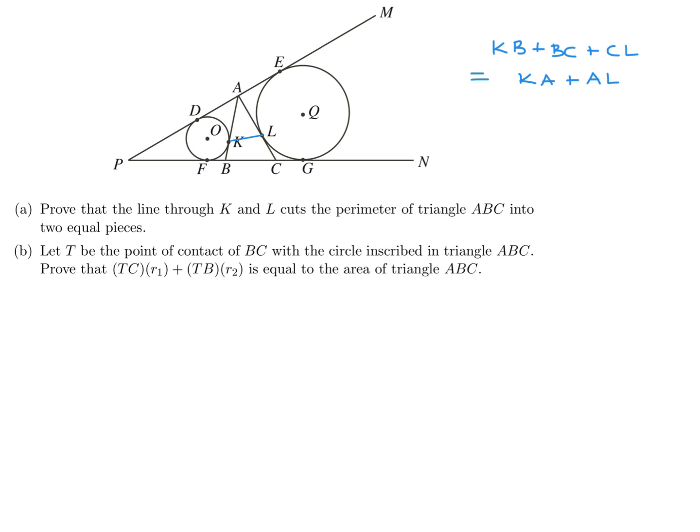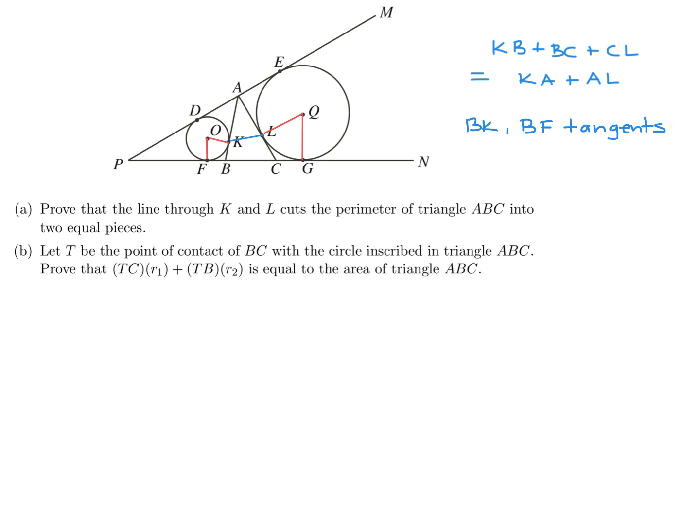Well, we've got a lot of the tangents here because they told us these circles are tangent. So let me just draw on those tangent lines. Now, there's a rule that a lot of you know that if you have tangents and they start from a certain point, they would be equal. So, for example, BK and BF are tangents, right?